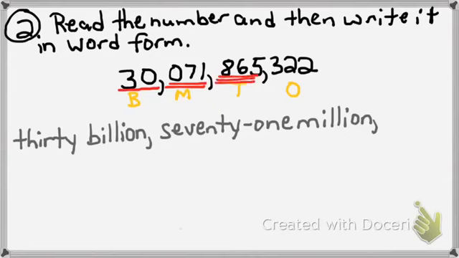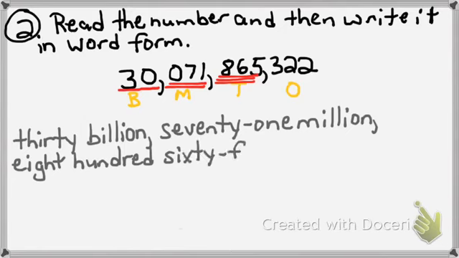Move to the next three digits, which is 865. I read that as 865, so I will write 865. The name of that period is thousands, so I will write 1,000, comma. I get to the last three digits, that's 322.